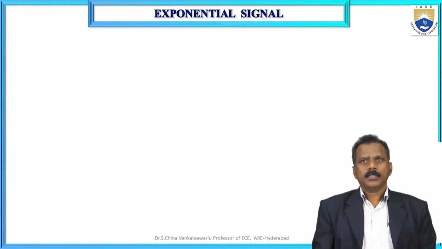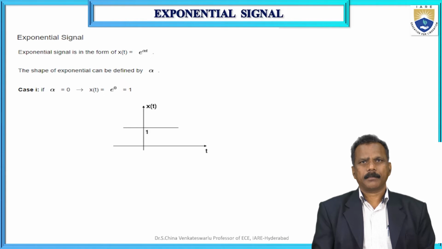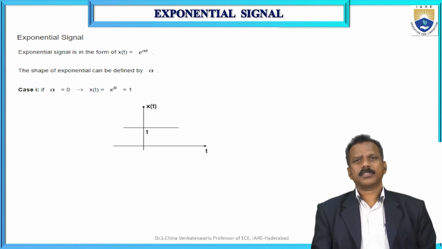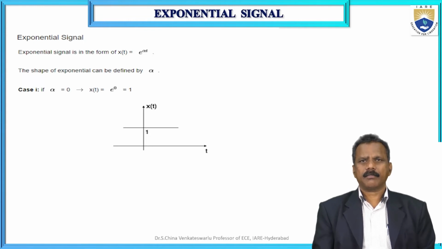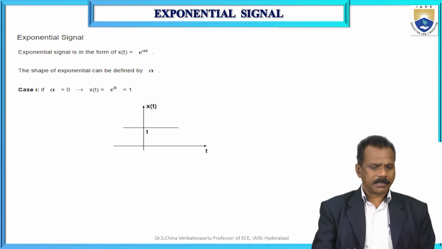Okay. Now coming to the exponential signal. The exponential signal is in the form x of t equal to e power alpha t. The shape of the exponential can be defined by alpha. We represent it through conditions.